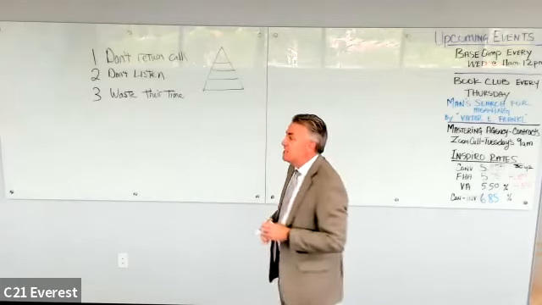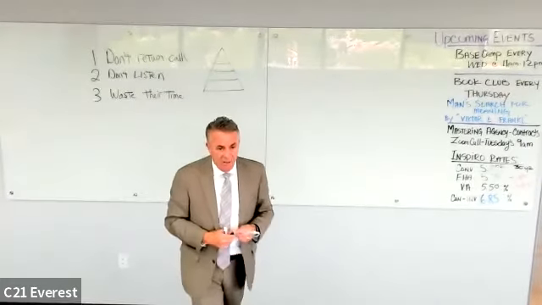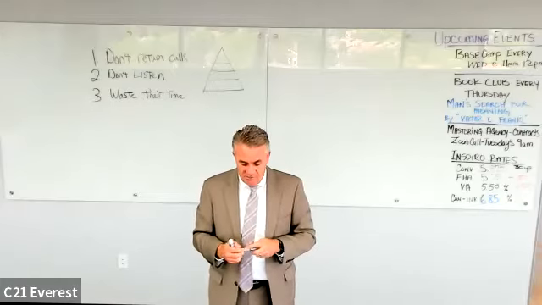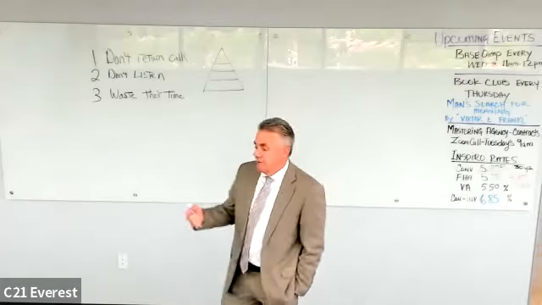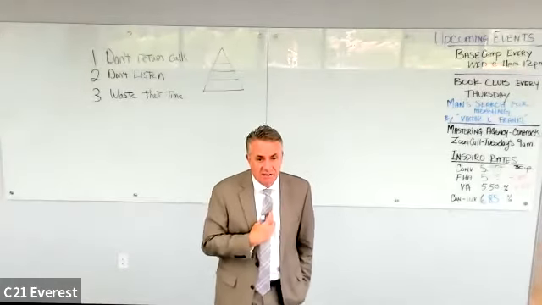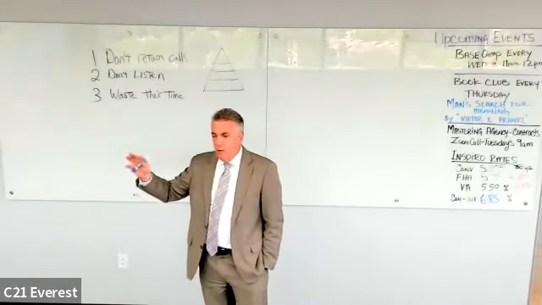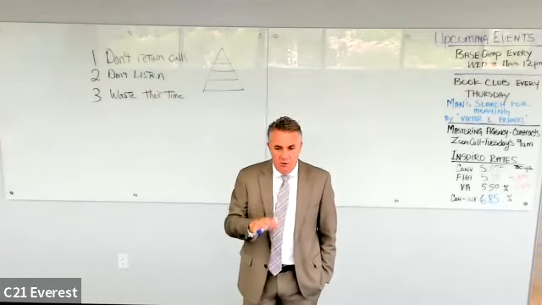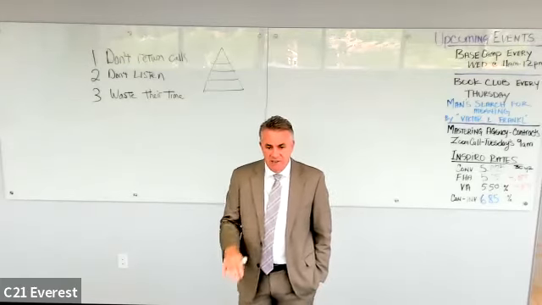Now let's go to the next level. Say I'm a buyer and I'm going to buy a house. I've come into your office, we're sitting down, and we start to talk about what I want to buy as a home. Let's say I tell you that I want to buy a home high on a hill with a view of the city lights.